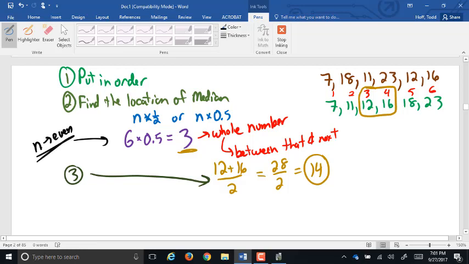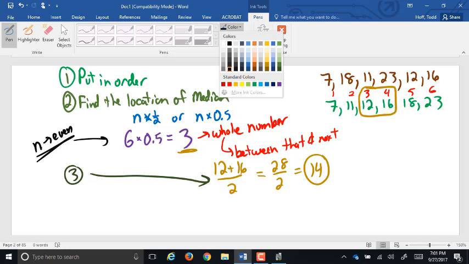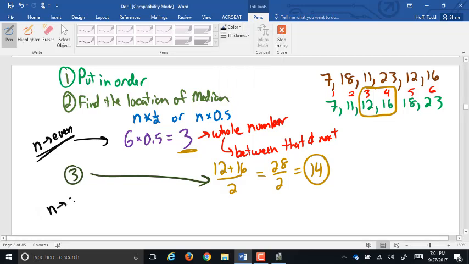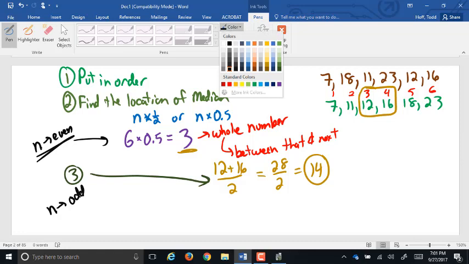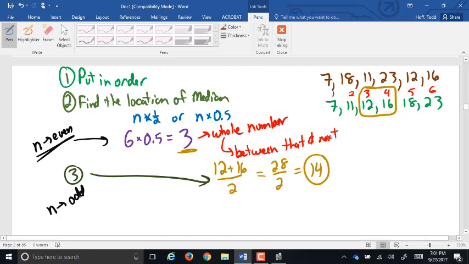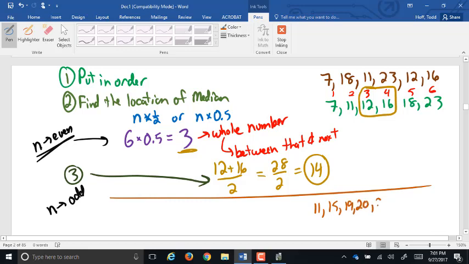What if n were odd? For example, I'm going to give you another set of data here. I'm going to put it in order just to make life easier on us. There's a set where n equals what? 7, yes.